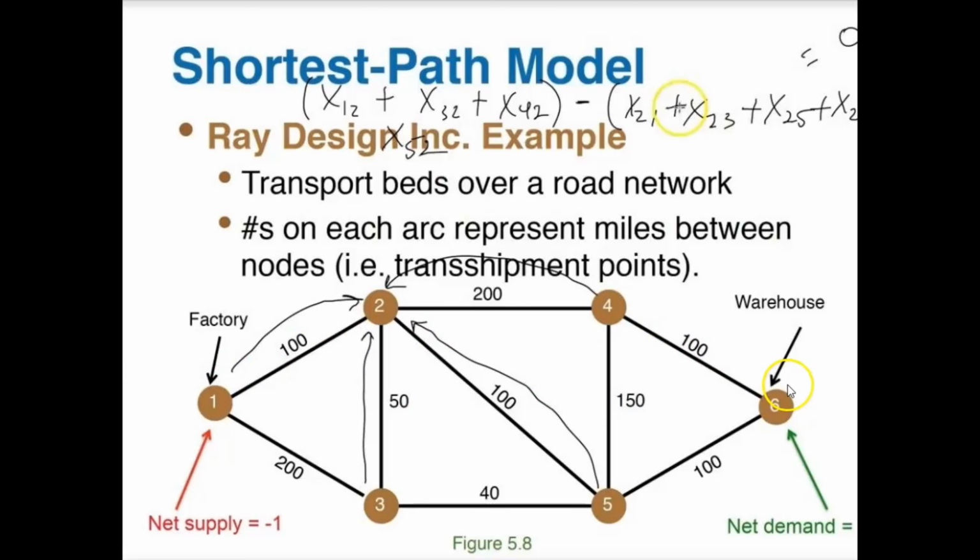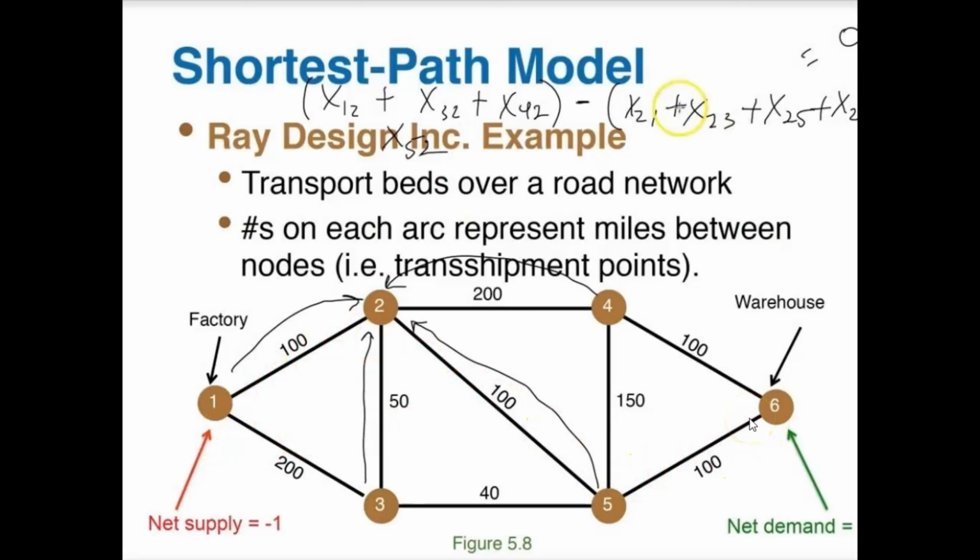We can also have other points like node 1 to node 2, $100, node 2 to node 5, $100, then node 5 to node 6, $100, which is $300. And that also beats that of the $340, which makes this lesser.